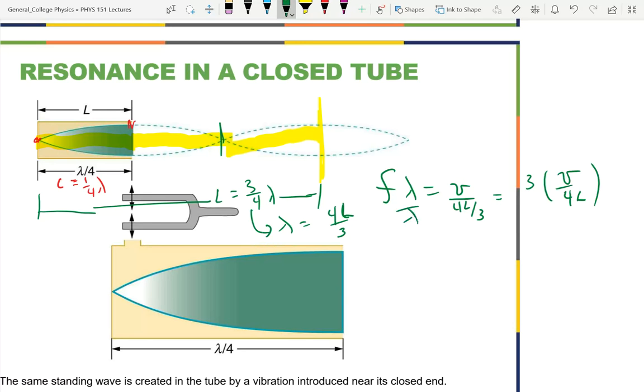I forgot to put over lambda there. So the frequency for the next one, the fundamental frequency was equal to V over 4L. And then the next one was 3V over 4L.